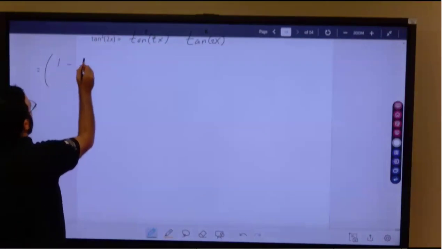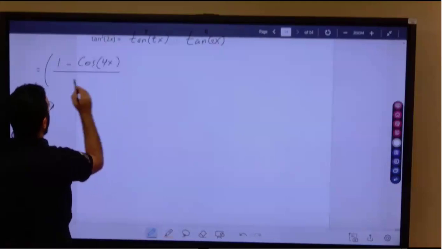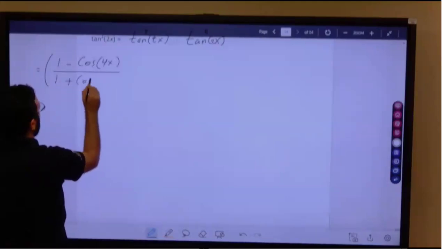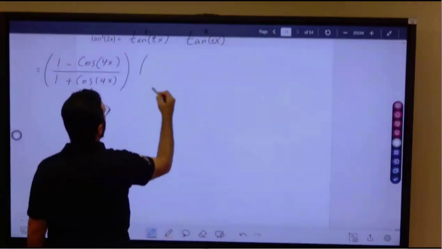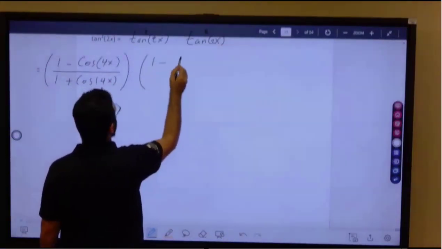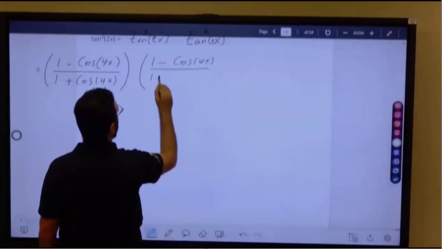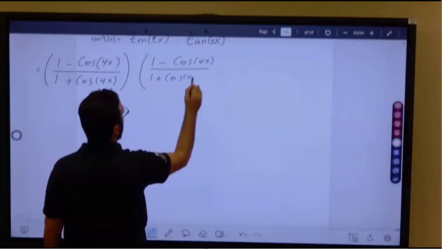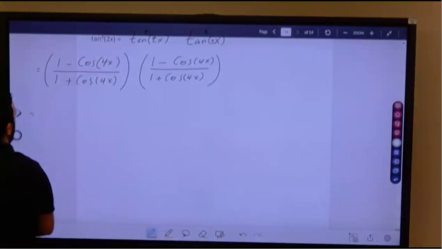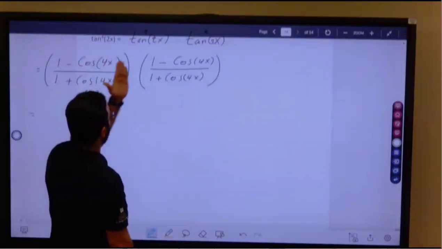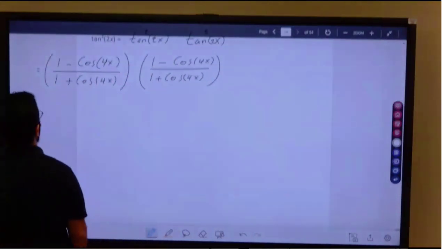So 1 minus cosine 4x over 1 plus cosine 4x, and everything, you're going to do it again: 1 minus cosine 4x over 1 plus cosine 4x. Let's multiply here. It's like a fraction times a fraction: this one times this one, this one times this one. But we have to foil.